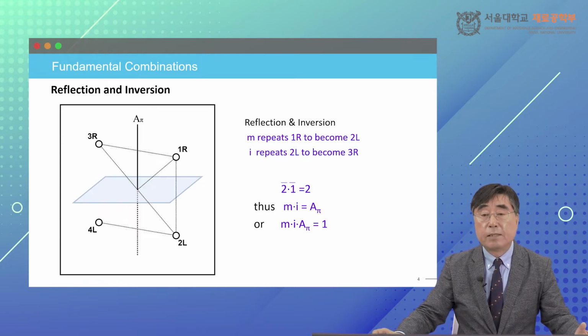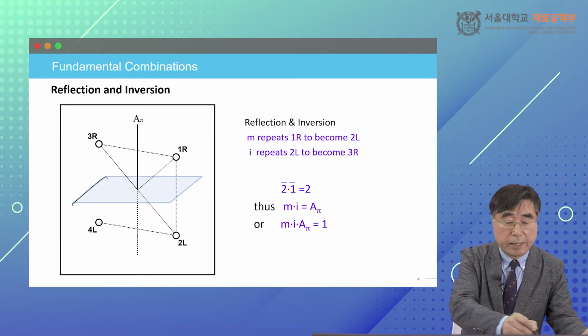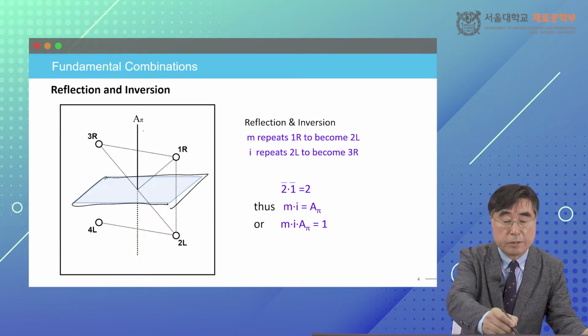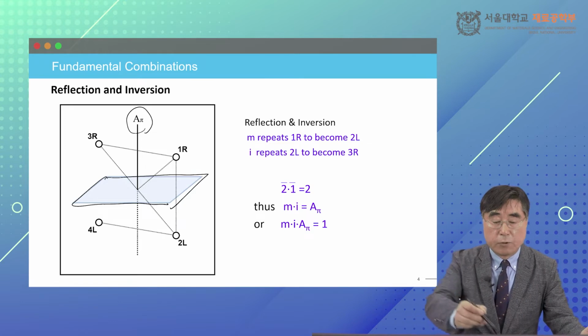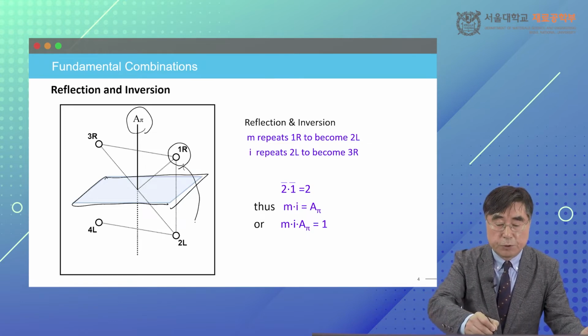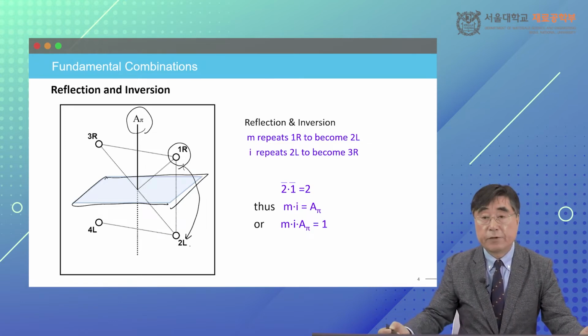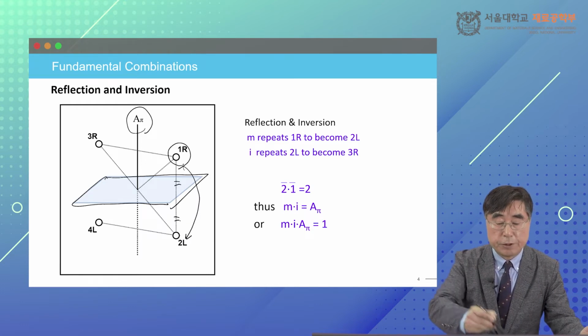Another fundamental thing that we have to remember is the mirror plane and the inversion center operations. When there is a mirror plane and there is a certain axis, then the 1R operation becomes 2L, right hand becomes left hand by the mirror plane operation.